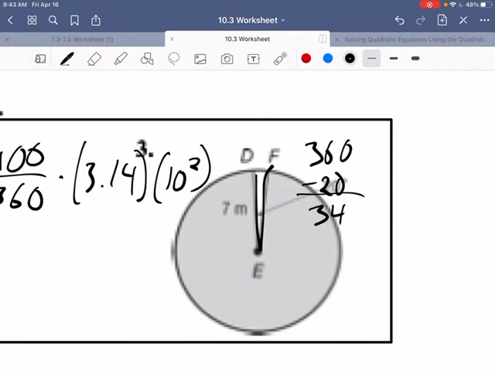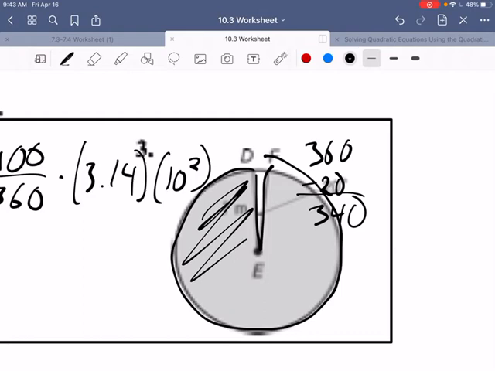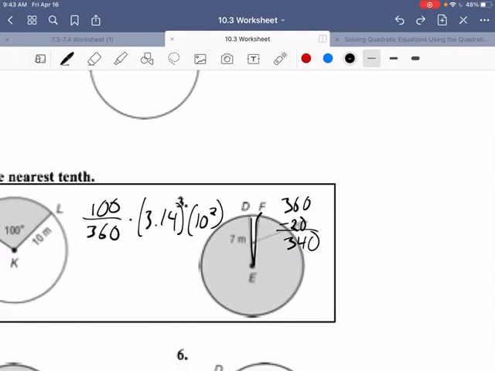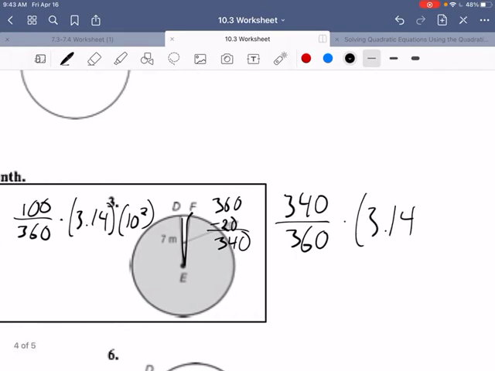That's what we're looking for. So we're actually going to set this up as 340 over 360 times pi, 3.14, times our radius of 7 squared. Okay, your calculator can do most of this work.